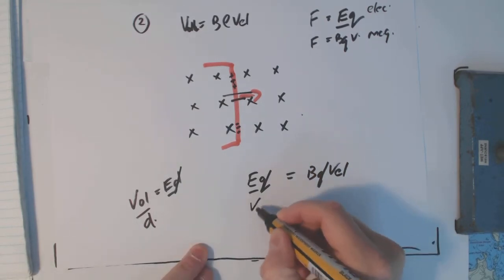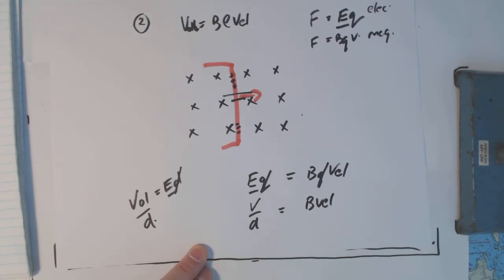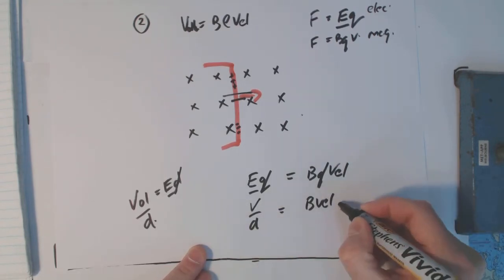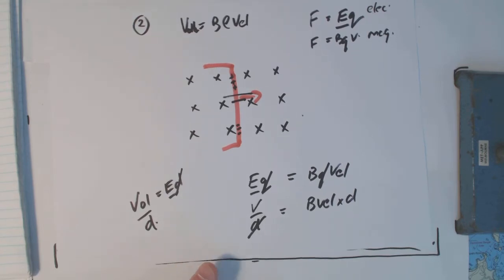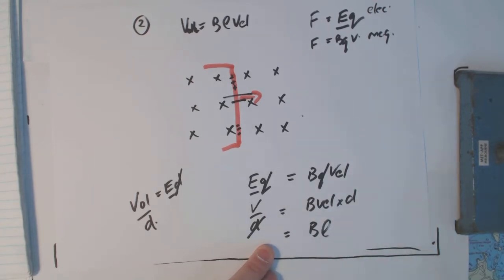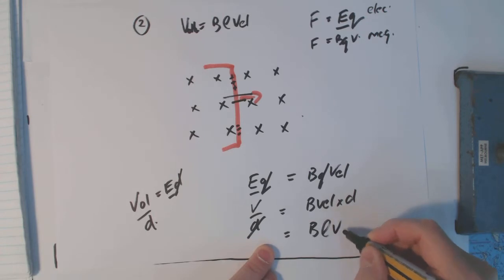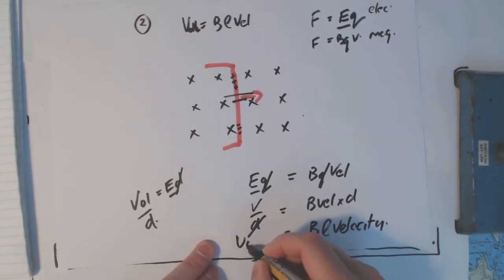So we can go voltage over D equals B velocity. So we can then multiply that D up here. And we've got voltage equals B velocity D, which is the same as our initial equation, which was B, L instead of D. That just means length. And V, velocity. And that's our voltage.